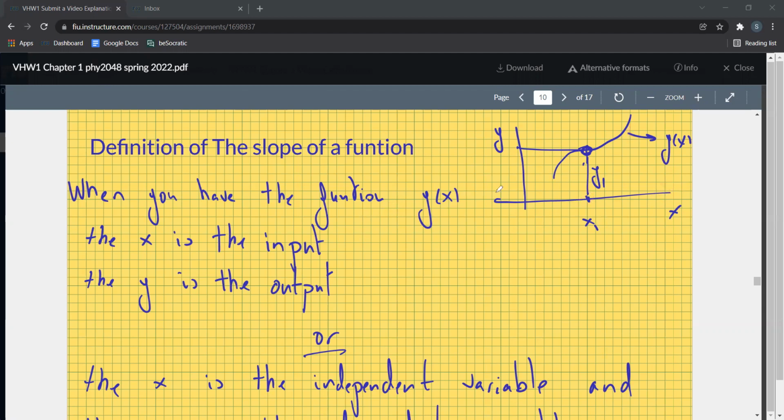Okay, so for each x, there is a corresponding y. If y of x is like y of 2, that means that whenever x equals 2, you will have a y that corresponds to it. And that's going to be fleshed out more as I go through.